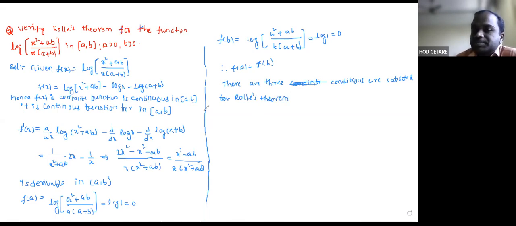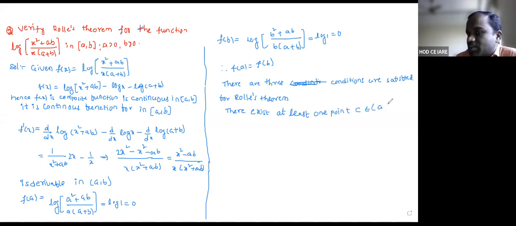Okay, so there exists at least one point c belonging to the open interval of a comma b such that f dash of c is equal to 0.